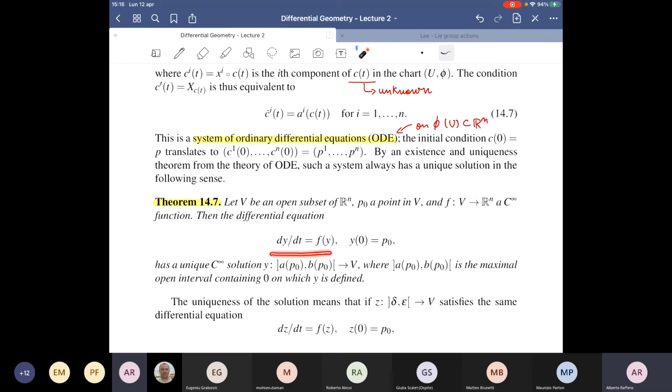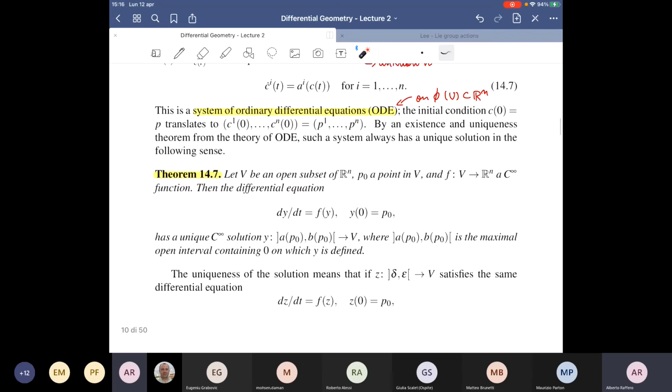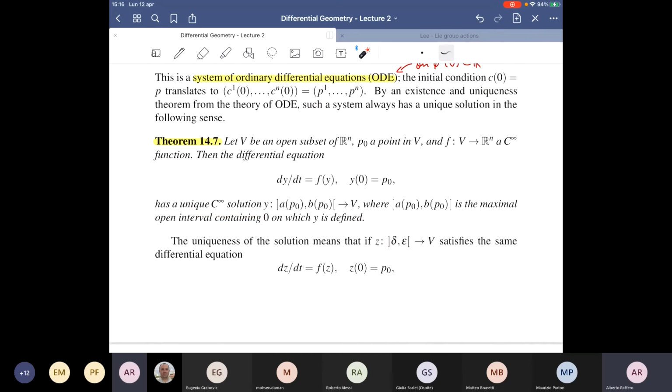Then, if you consider the differential equation written in this form with y an unknown function, this has a unique smooth solution, which is defined on some open interval of the real line, and whose values are inside the open subset B. And once you have a solution which a priori is defined on some small interval containing the initial time you are considering, you can extend it to a maximal interval.